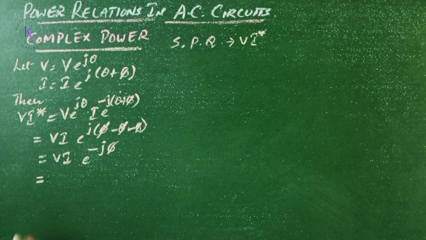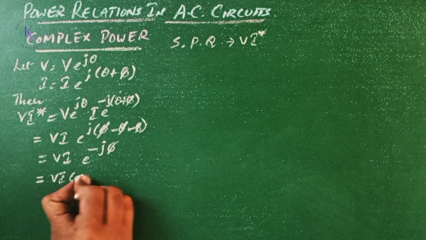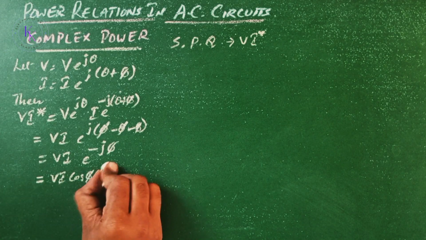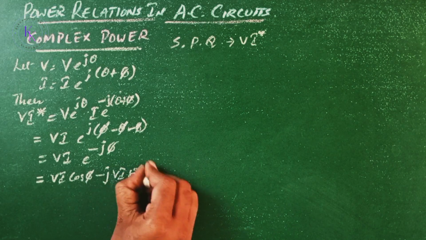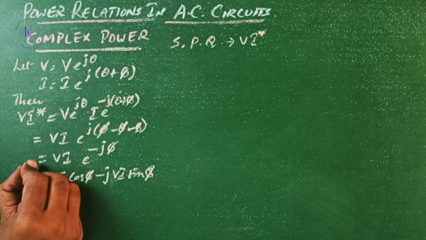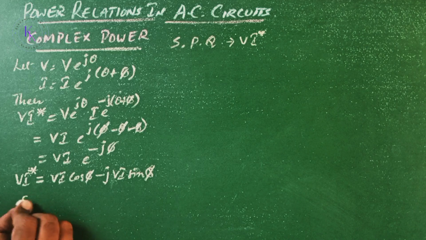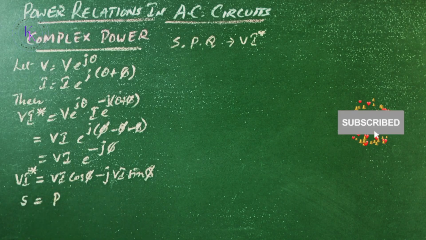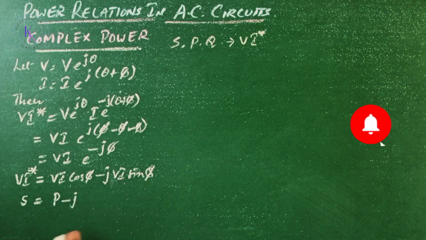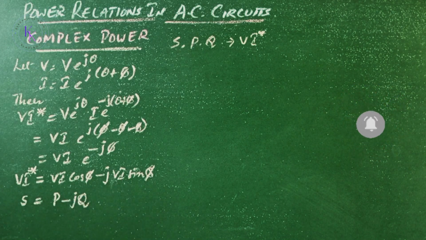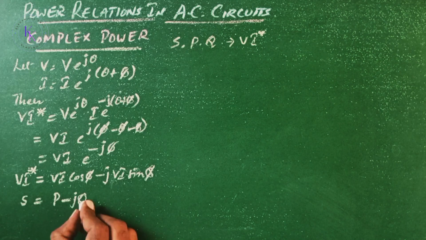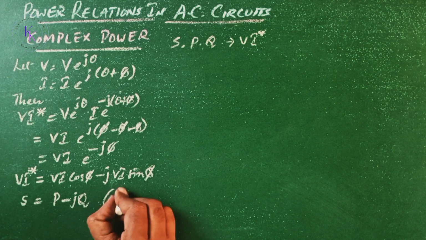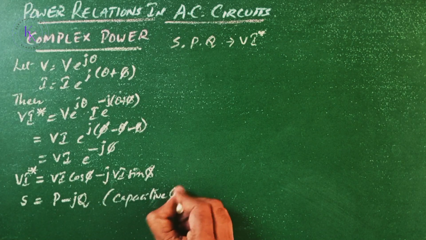You can elaborate and write VI cos phi minus j VI sin phi, which is the complex power. This complex power can be represented with the letter S, the apparent power, where VI cos phi is P and VI sin phi is Q. As we got negative reactive power, this is the case of a capacitive circuit.